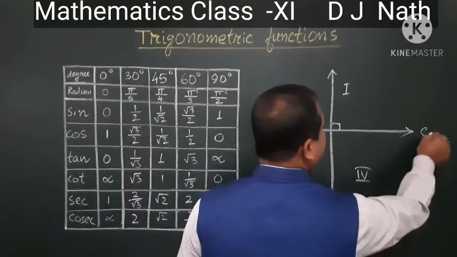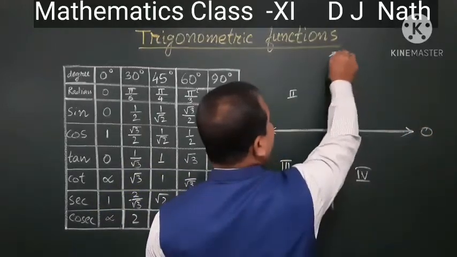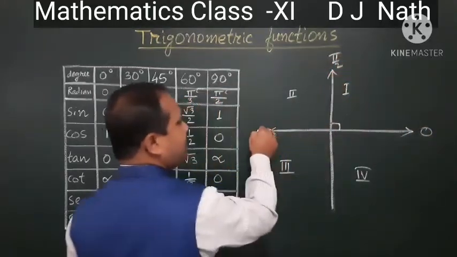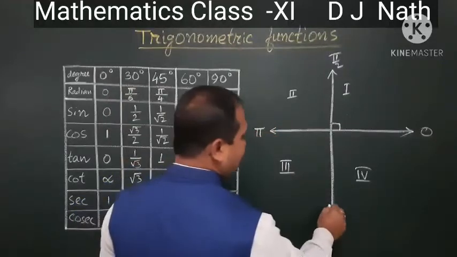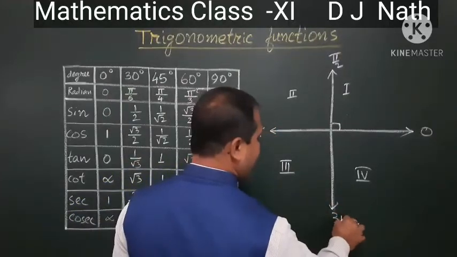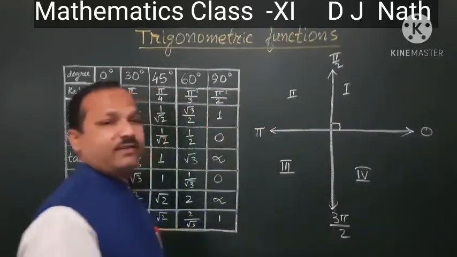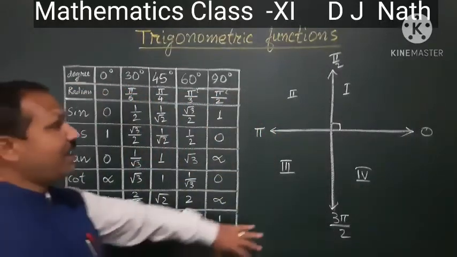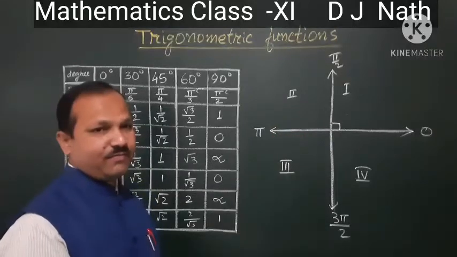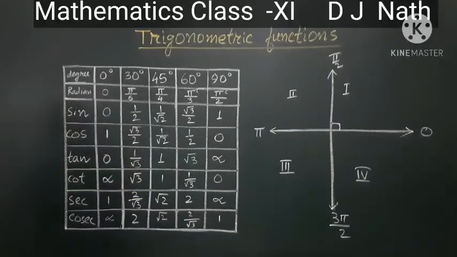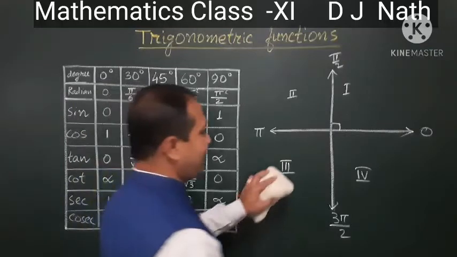This is pi by 2 or 90 degree, this is pi, this is 3 pi by 2, and again it is 2 pi. So how can we learn those things? For that, a very easy formula I will give.